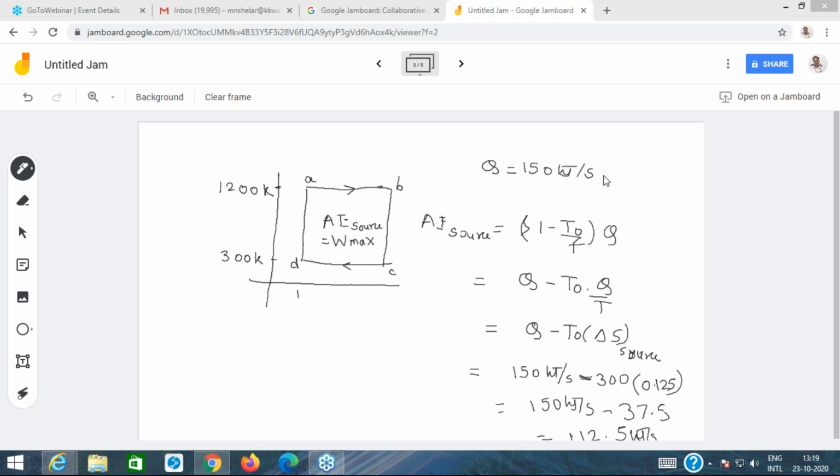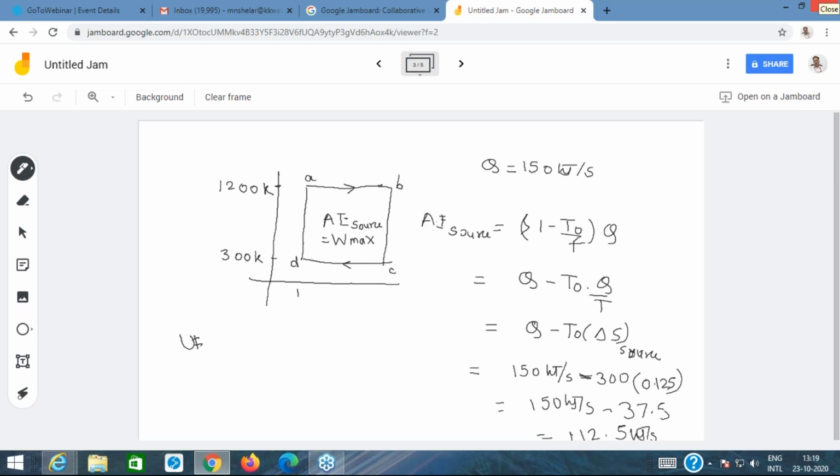Yes, correct. So the unavailable energy of the source would be Q minus the available energy of the source. That is 150 minus 112.5, and this is 37.5 kilojoules per second.